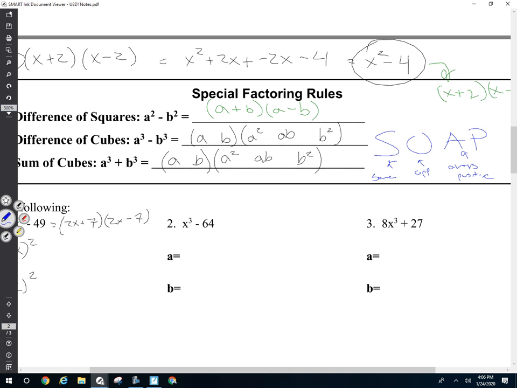That means if you have a minus sign here, use the same sign. Plus sign here, same sign. The next sign will be the opposite. The A and B are just the value that is being cubed. Always positive.